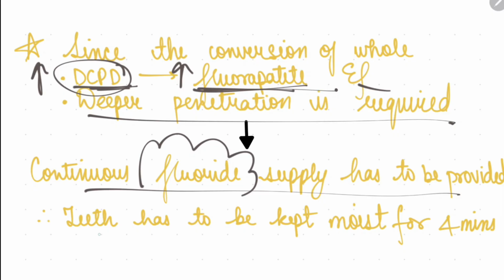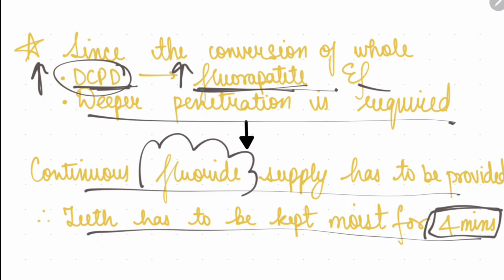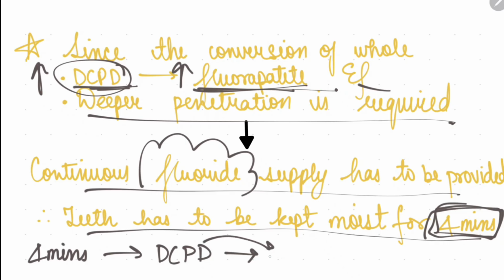For this reason the teeth have to be kept moist with the APF gels or solutions for 4 minutes. This is the reason we keep gel or solution in contact with the teeth for 4 minutes. Until 4 minutes, dicalcium phosphate dihydrate is formed and gets converted into fluorapatite.